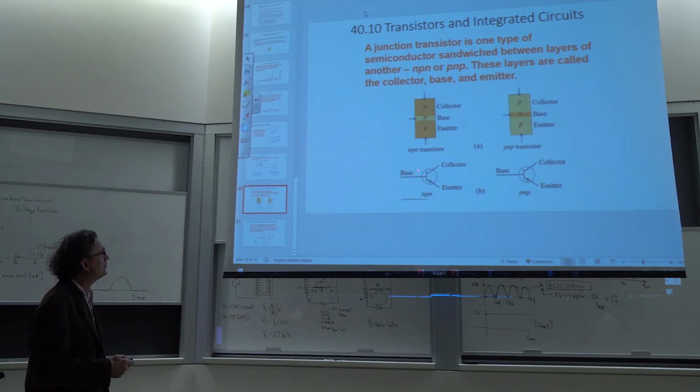The positive conventional current goes from the positive hole carriers to the negative. Electrons go in the opposite direction. So looking at this as an emitter, I'd be looking at conventional current being drawn into the lower part of this PNP junction. So there's where the emitter is.